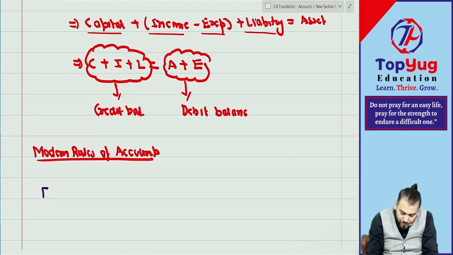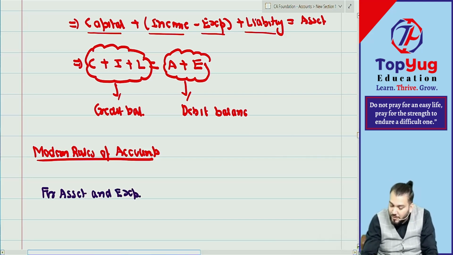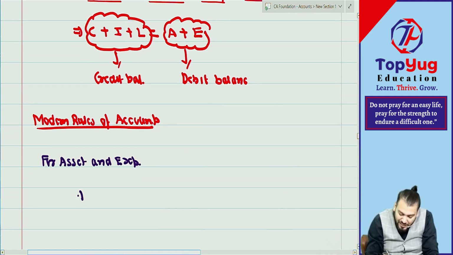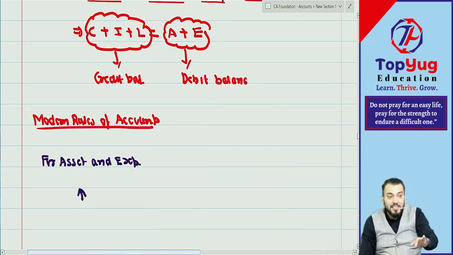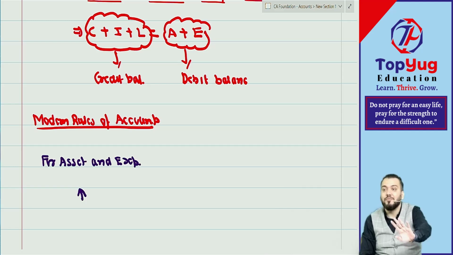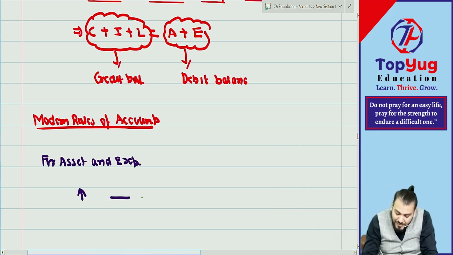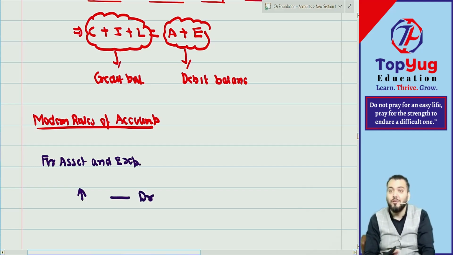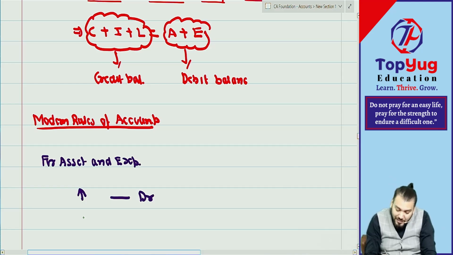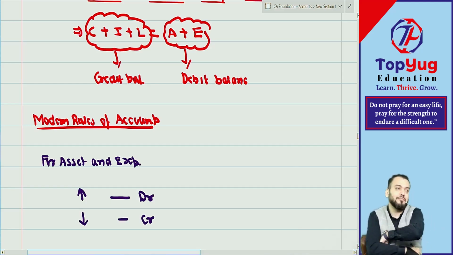So for asset and expense, what will be the rule? Increase in asset and increase in expense will always be debited, because that has debit balance, correct? And decrease will always be what? Credited. This is the rule.